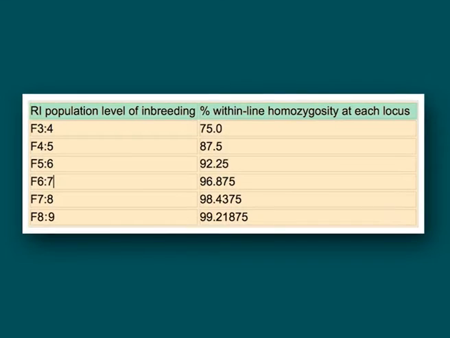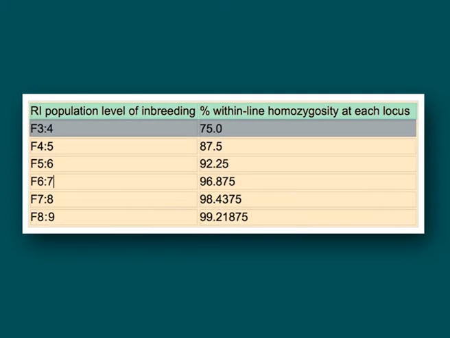Importantly, each of the lines is fixed for many recombination events. The following table shows the RIL population level of inbreeding and percentage within-line homozygosity at each locus.